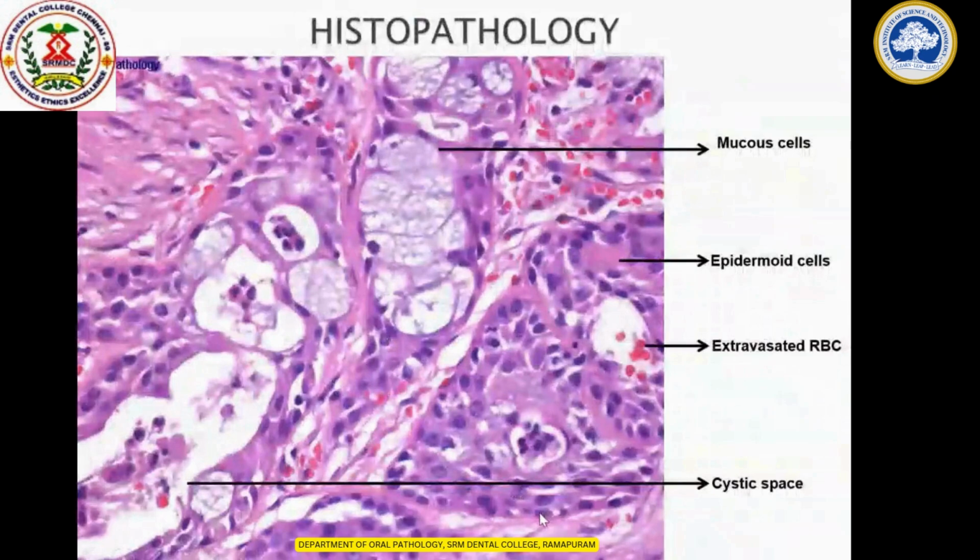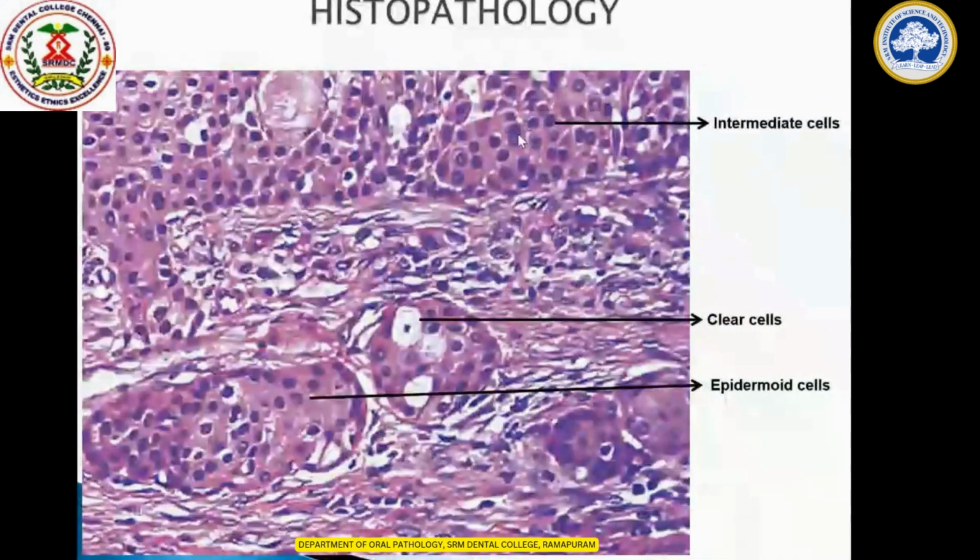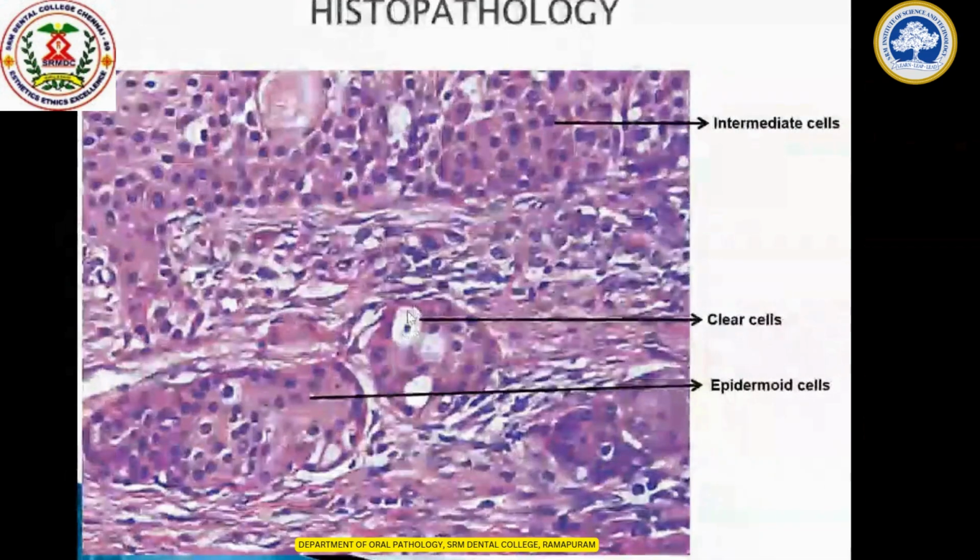And these small cells will be your intermediate cells. I told you, basal-like cells which resemble a basal cell. These are the intermediate cells, more of cuboidal cells with minimal cytoplasm and large hyperchromatic nuclei. And this picture shows your clear cell, with clear vacuolated cytoplasm and a prominent nucleus. This is how you differentiate.